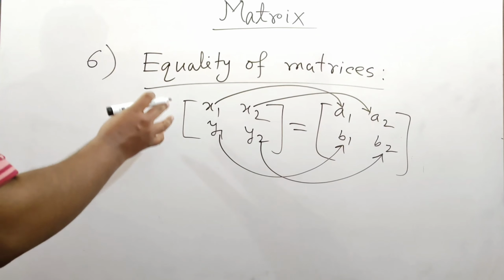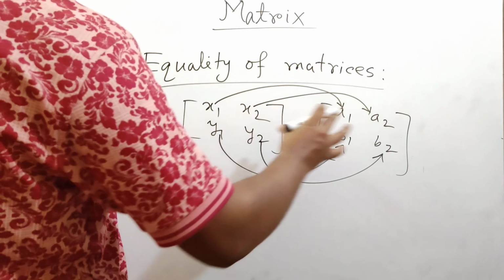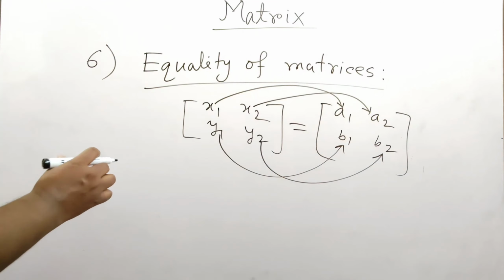That means each element of these two matrices is equal. So this is the equality of two matrices.